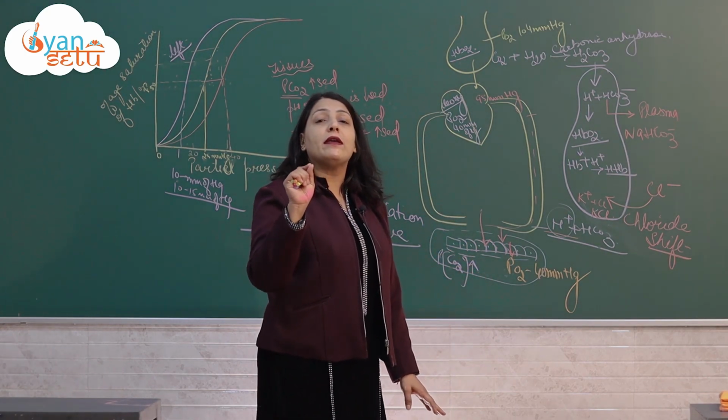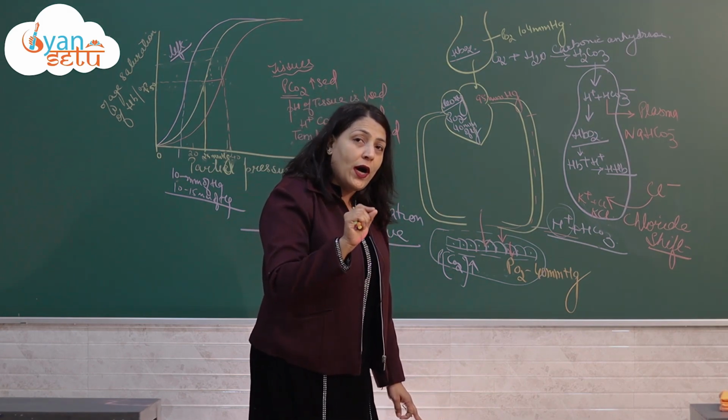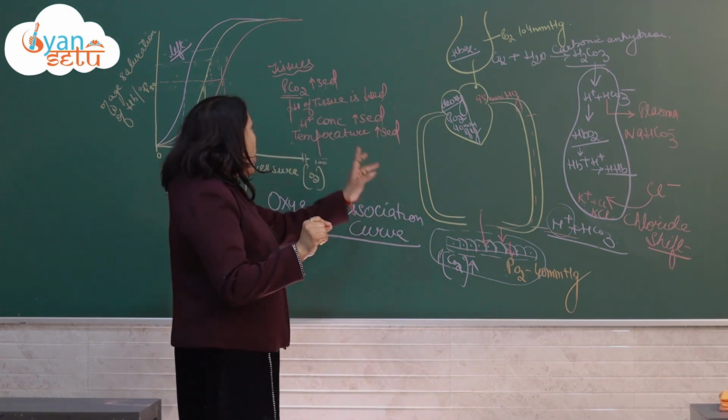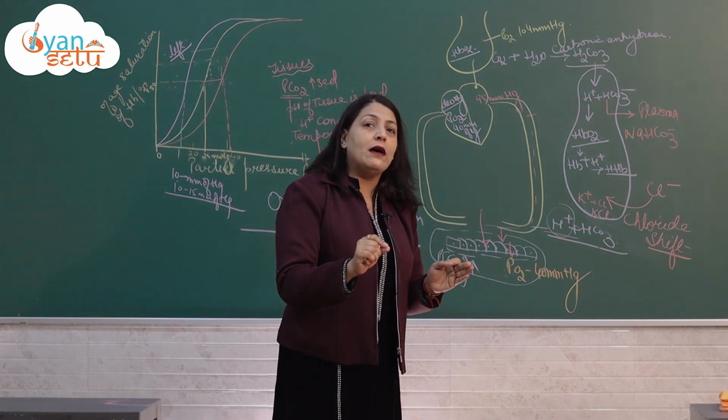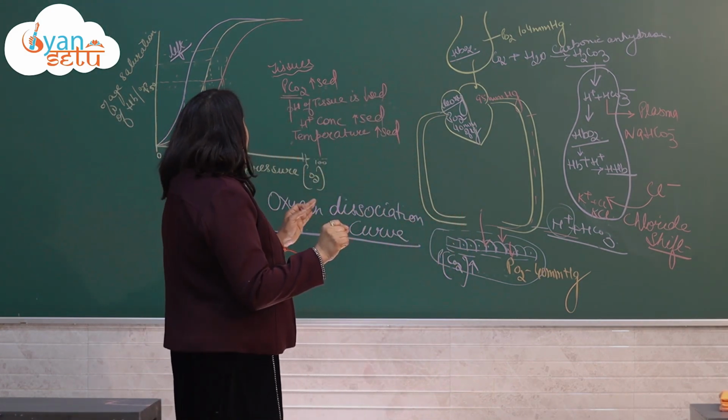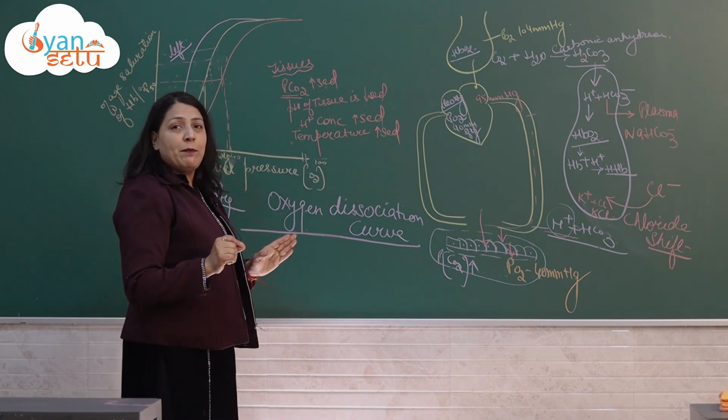This effect is called Bohr's effect, and in all these cases our curve shifts towards the right side of the blackboard.